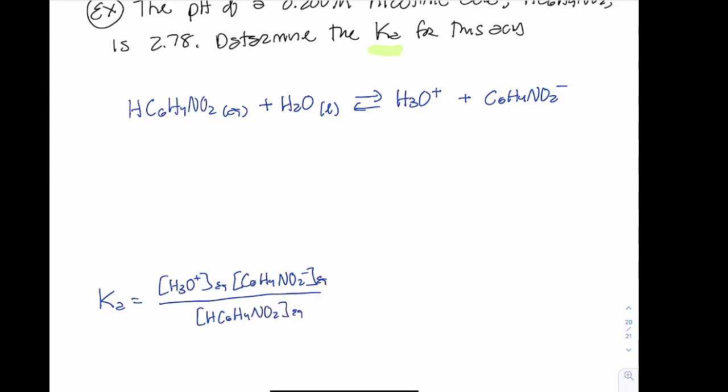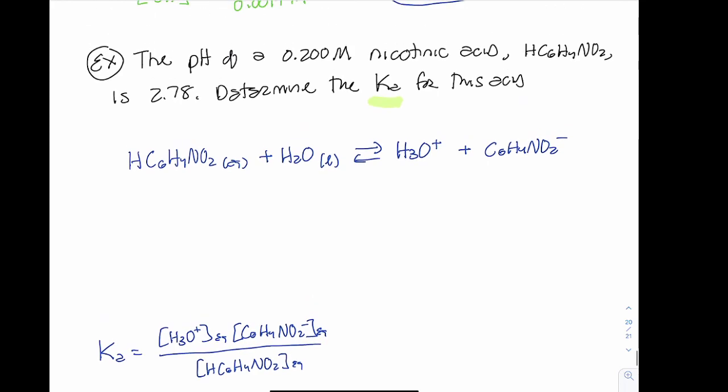Again, excluding water, it's a pure liquid. It's not part of my expression. Going back up here, initial, change, equilibrium. I know initially I have 0.200 molar. Water we're not going to care about, 0 and 0.